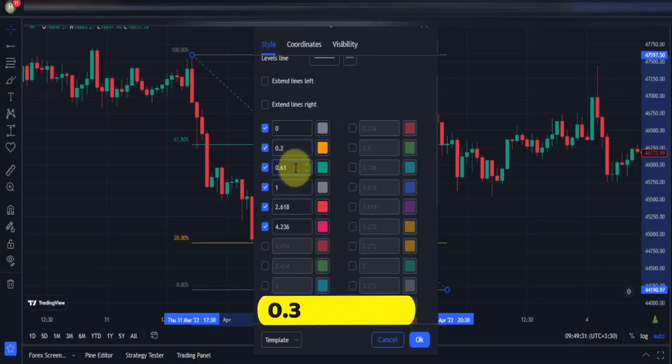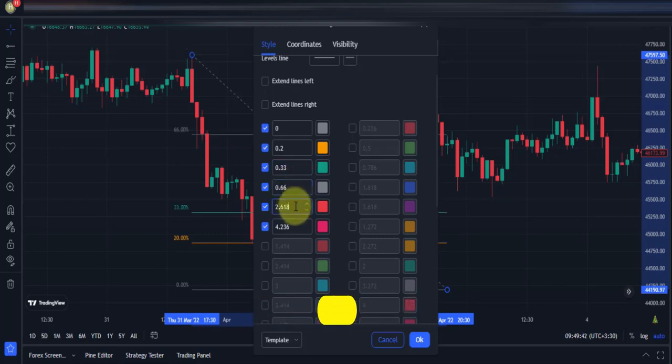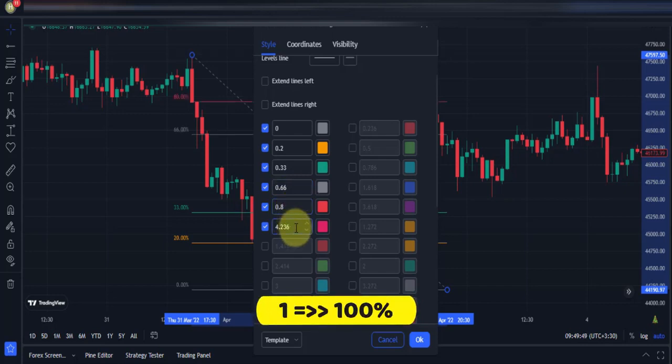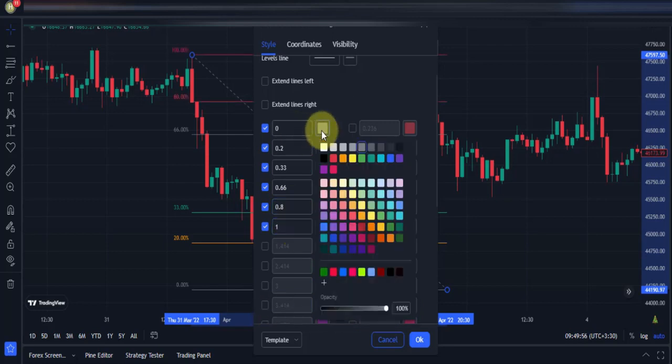The next one to 0.33 for 33%, and the next one to 0.66 for 66%. The next one should be set at 0.8, which will represent the 80%, and the last one should be set at 1 to represent the 100%. And then change the color of 0 and 100% to white.